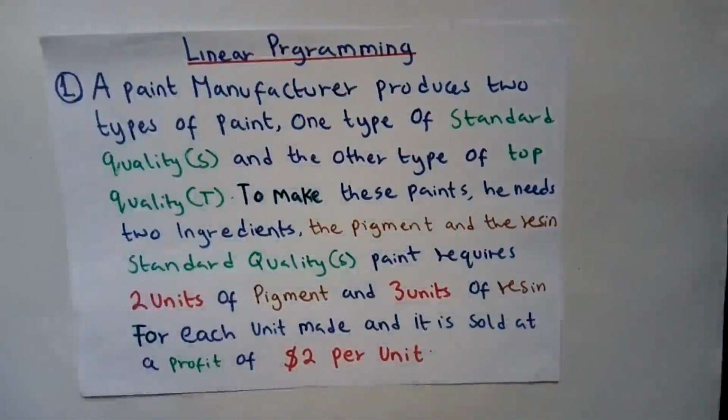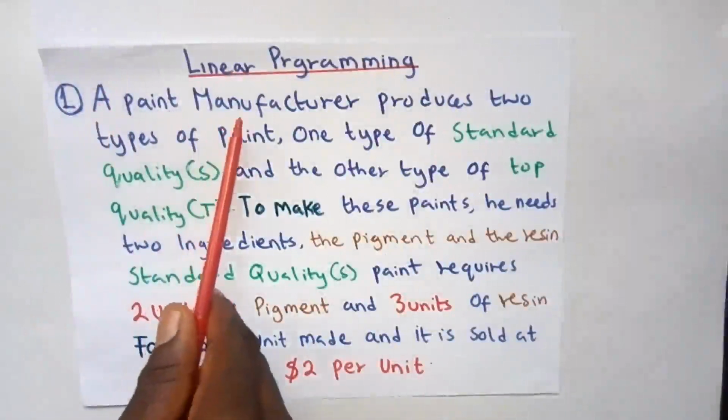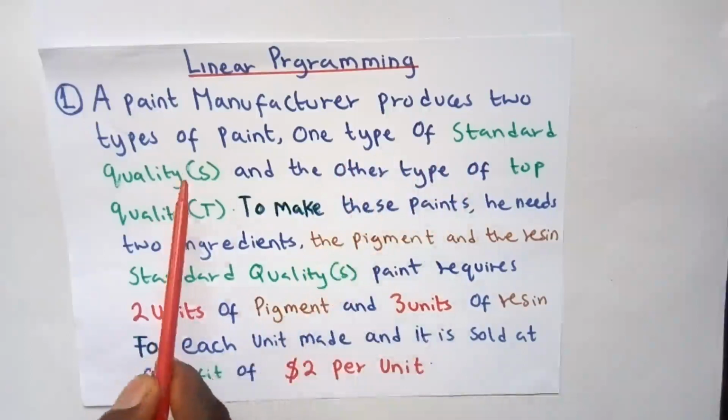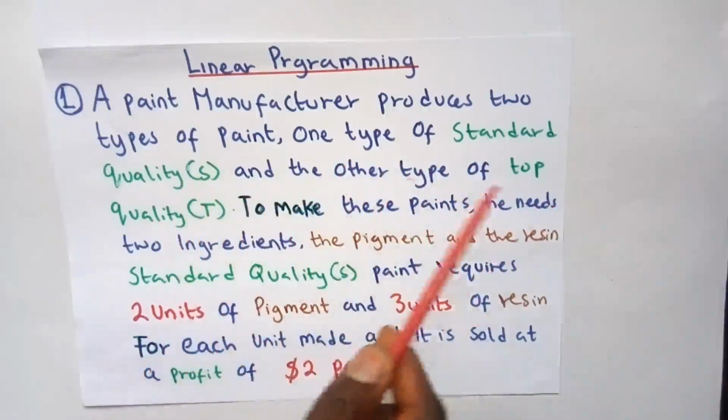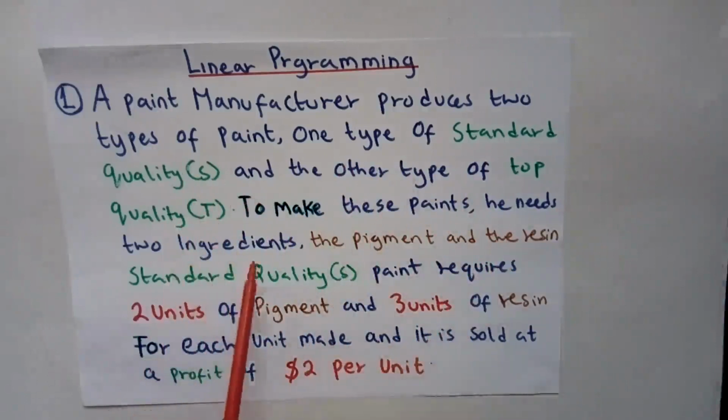So let's take the first example. Example 1. A paint manufacturer produces two types of paint, one type of standard quality S and the other type of top quality T. To make this paint, he needs two ingredients, the pigment and the resin.